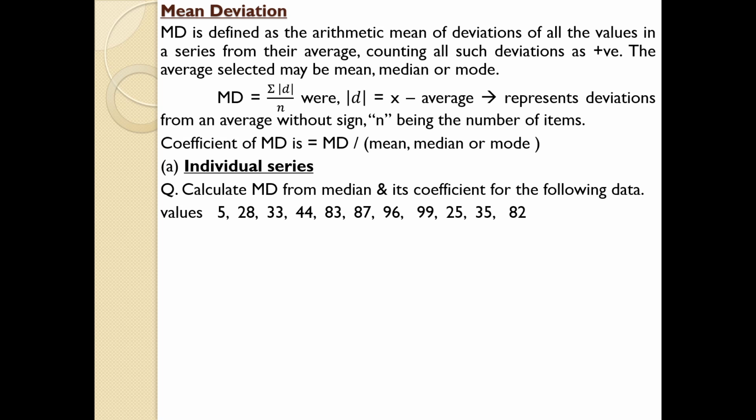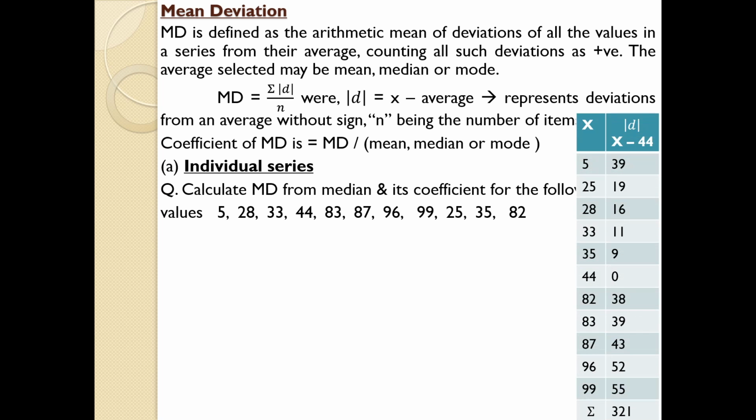In case of a median in individual series, remember the rule, you need to rearrange the details. So after rearranging, we can write it in a table like, see, 5, 25, 28, 33.